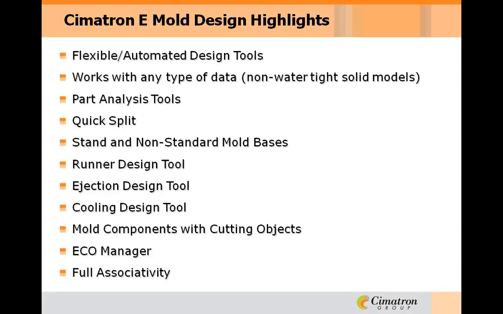You'll see how we can use standard and non-standard mold bases, runner, ejection, and cooling design, and then adding mold components with the cutting object, which is very important. Also, we have an ECO manager, because we know everybody gets engineering changes halfway through the design process. And we'll also explain the full associativity from start to finish.